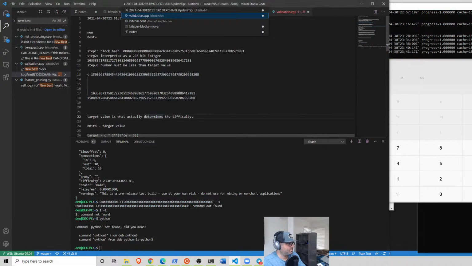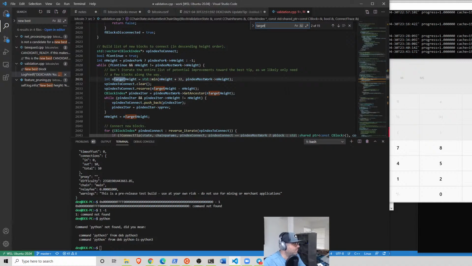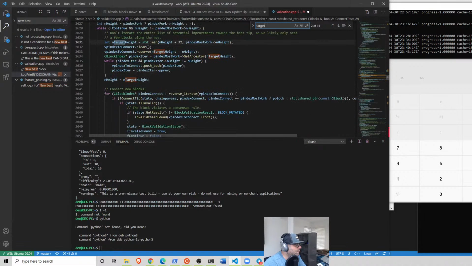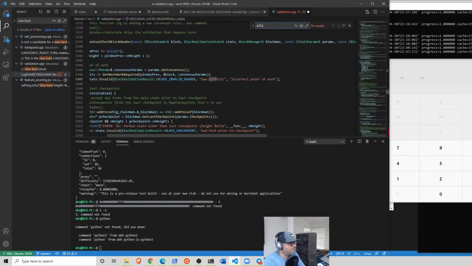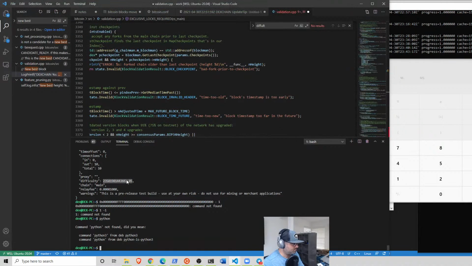Let's see if we could print out the difficulty. Oh, new best is not giving the difficulty, that's coming from the CLI.